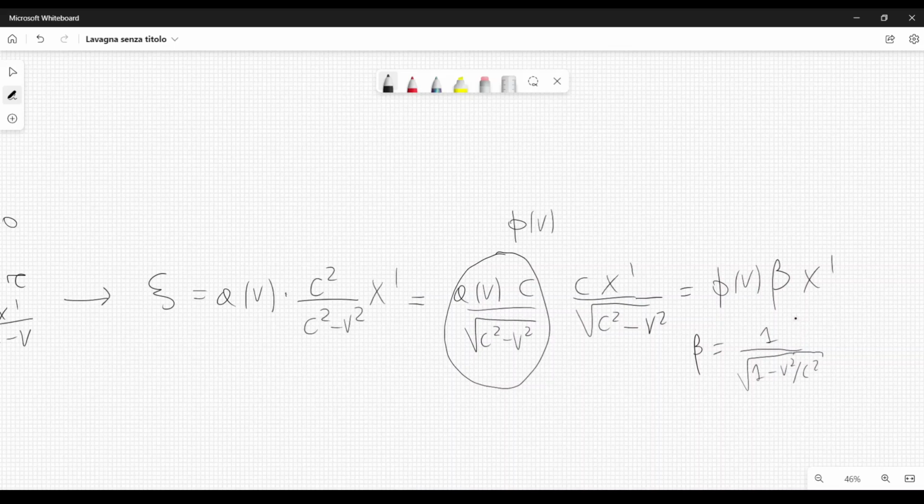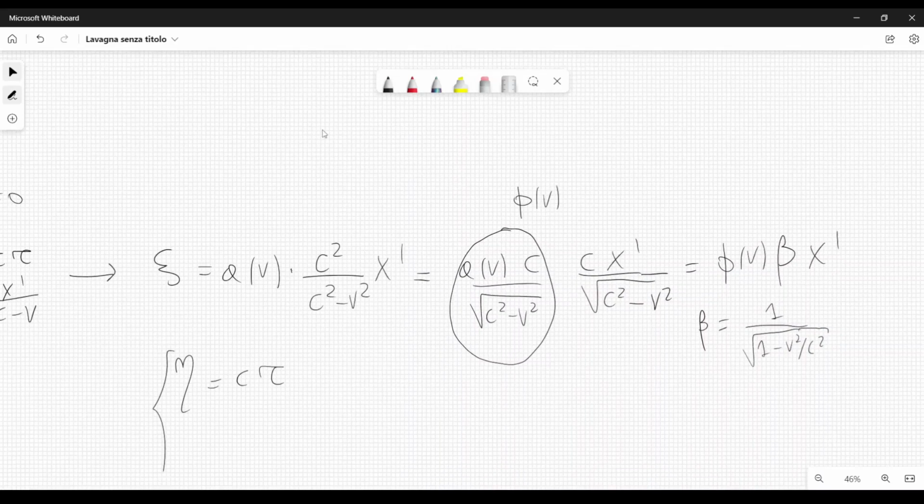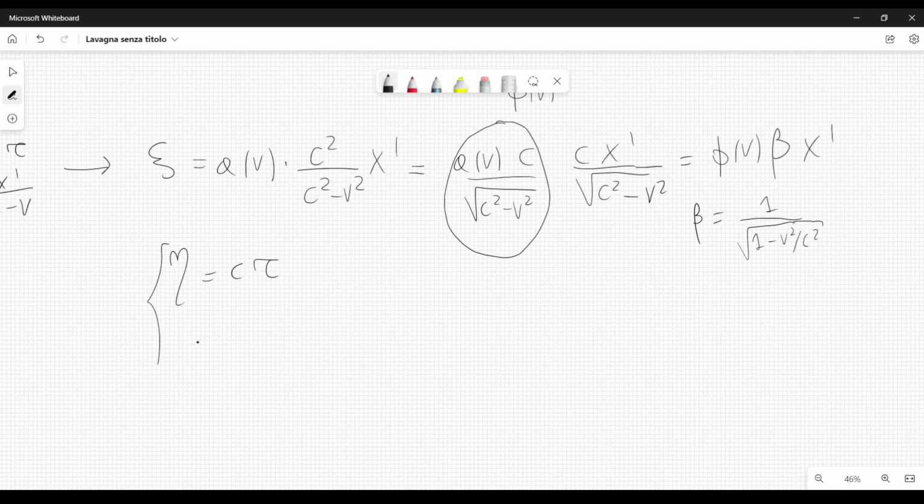Then, analogously, if we consider rays moving along the other axis, we have eta equal to c times tau. So in this case, we are considering a light ray propagating along the eta axis. And in this case, we know that, of course, the coordinate x prime will be equal to 0, right? Because it's propagating along the eta axis.